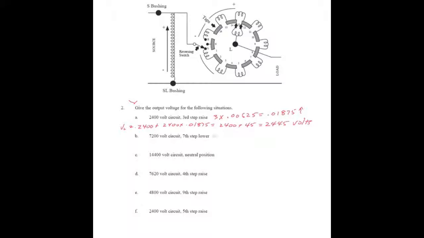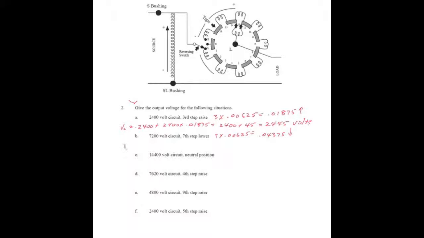In B, we're going to lower the voltage to the 7th position. So we're going to lower it by 7 times 0.00625, and that's equal to 0.04375 lower.